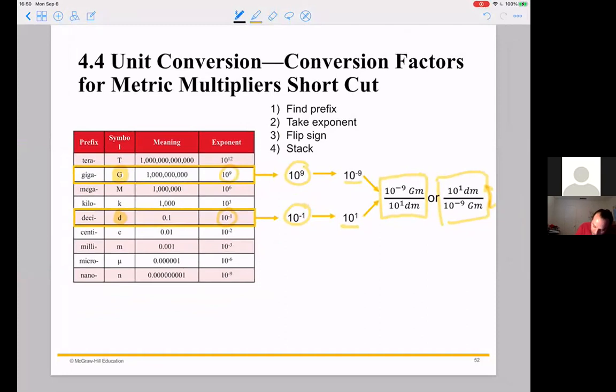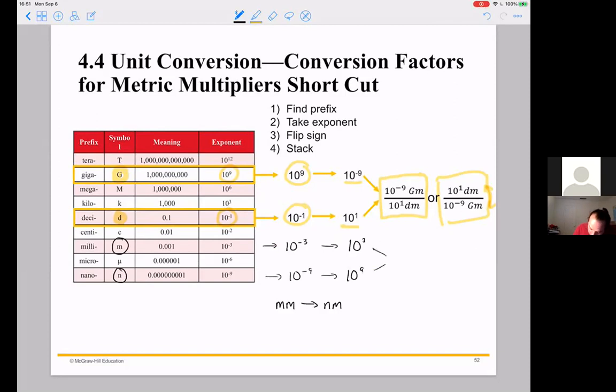How would I go from millimeters to nanometers? Well, I'm going to find my prefixes, milli and nano. I'm going to take the exponent for each. For milli, it's 10 to the negative 3. For nano, it's 10 to the negative 9. I'm going to flip the sign of the exponent, 10 to the 3, 10 to the 9.